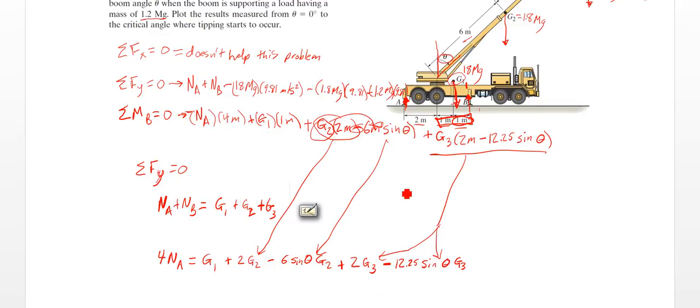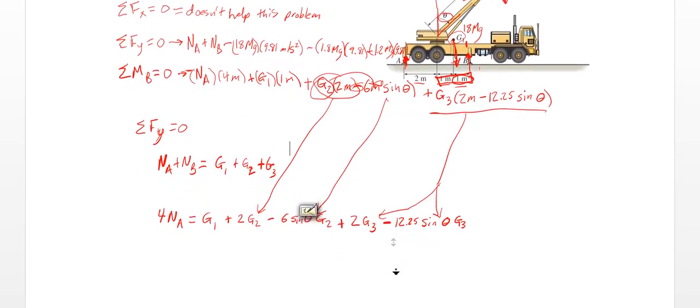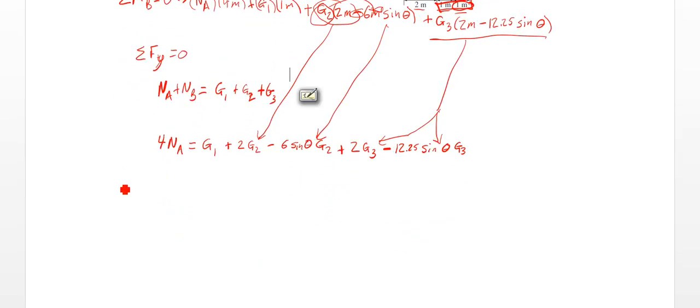Alright. So if we keep working through that, we'll find our normal reaction at A is going to be G1 plus 2G2 plus 2G3 minus, I'll pull the sine theta out here, 6G2 plus 12.25 G3.